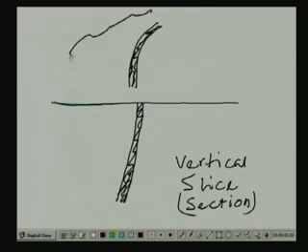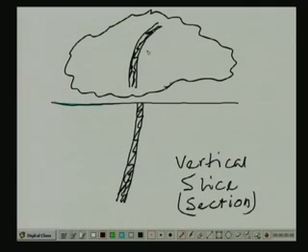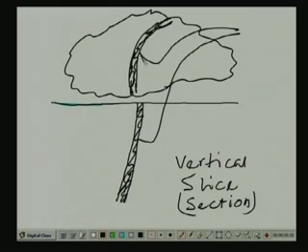So, this is the area that we considered here, and the intrusive layer is shown here. So, that is the intrusion. This one here is the plan and the bottom one is the elevation.